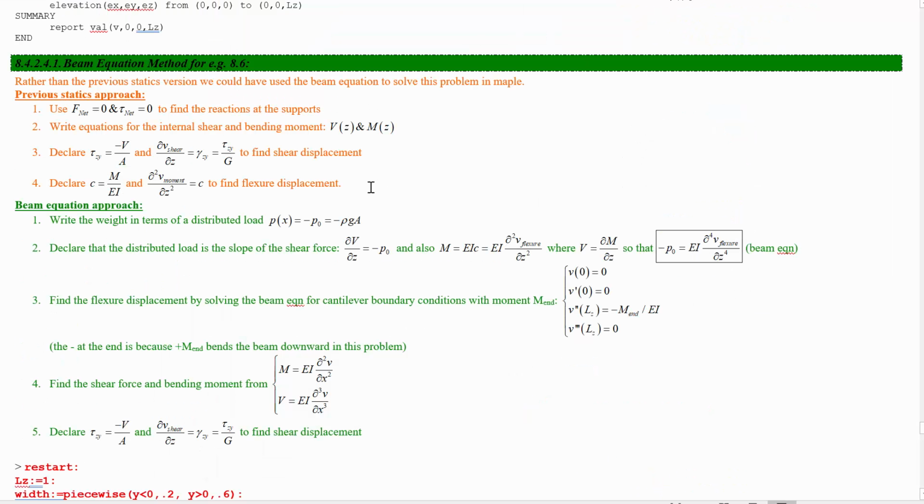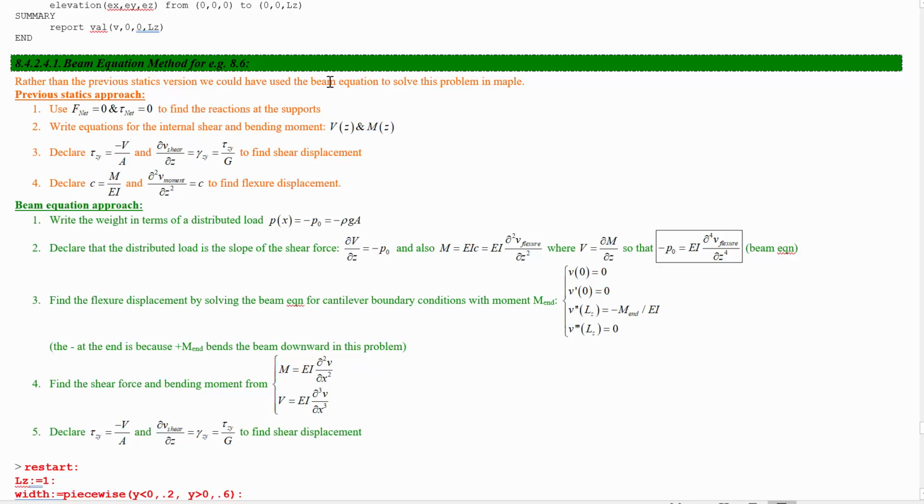So when we did the Maple solution for this, because it was a cantilever and had that static determinacy without having to incorporate elasticity, we could do this using the previous statics approach, which is to say, first, the net force and net torque about the external body is 0, and then we found the support reaction. Then we wrote what the internal shear force and bending moment were as a function of position along the length of this.